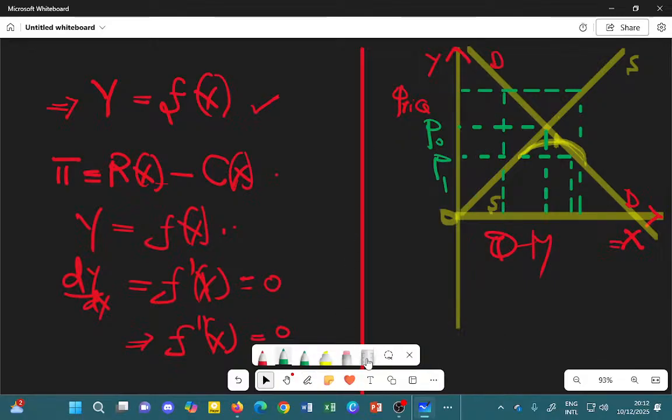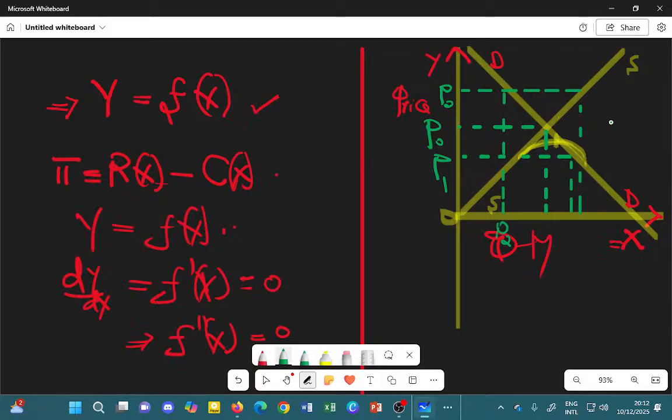So that's the diagram. Having drawn this, I've done much work, and what is left is just labeling. So I will call this P2. If this is P2, then this corresponding quantity I'll call Q2, because there are two here.